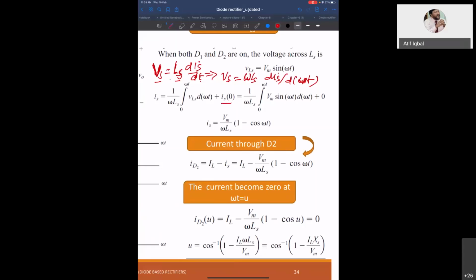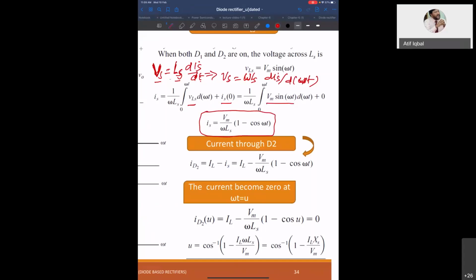So the integral from 0 to omega t of Vm sin omega t d omega t, because the voltage across the inductor is nothing but the source voltage, Vm sin omega t. This gives the expression for the source current: Vm over omega Ls times (1 minus cos omega t).